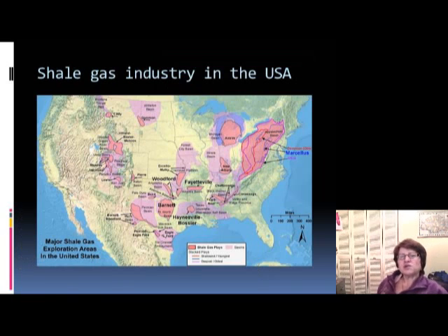This map shows the shale gas or shale oil industry in the USA. You can see that there is a whole lot of area where they can get a huge amount of gas out. So this really changes the oil and gas reserve map of the world, because the United States is basically one of the leading countries if you count the oil reserves.